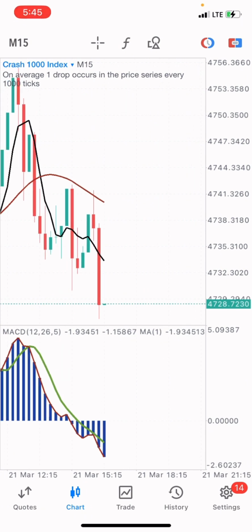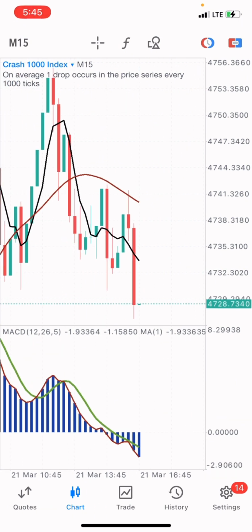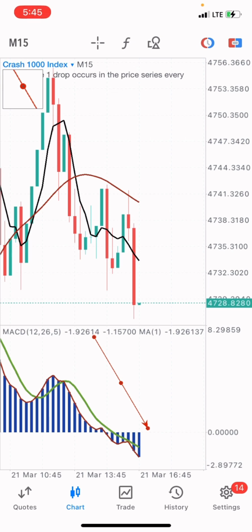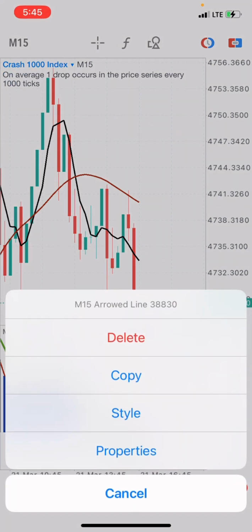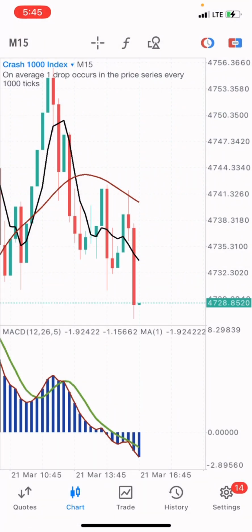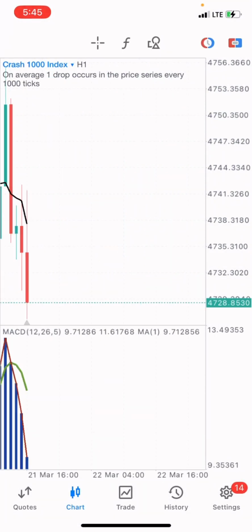I want to see it when you come to the indicator window and you notice that your indicators have converged at this level, they have crossed each other at this level, and they are going up from that level. Okay, at that point you want to look out for the bullish closing of the 15 minutes candle or even the 1 hour candle.